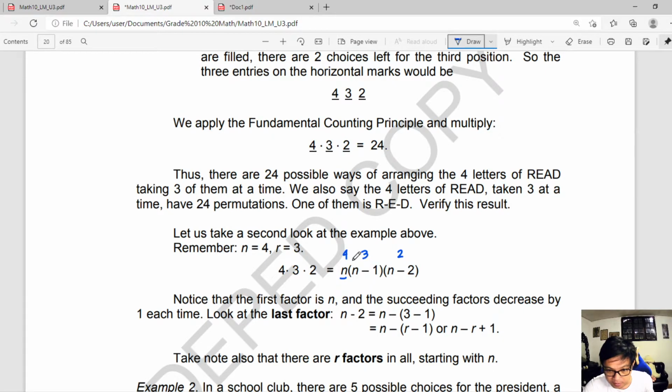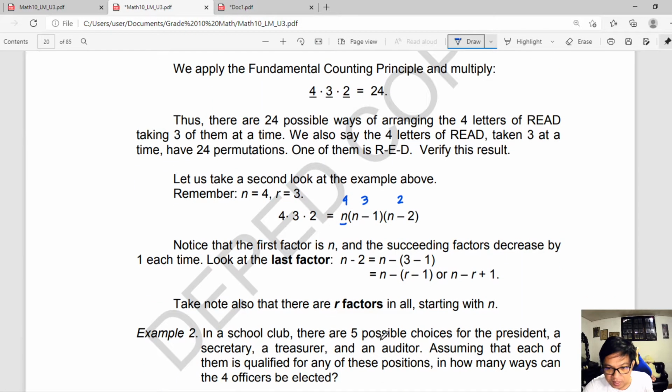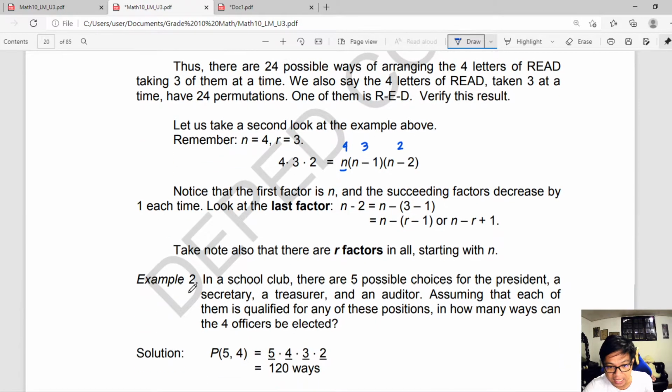Na-minusan siya ng 1, tapos yung 3 naging 2, decrease naman siya ng 1. Look at the last factor, which is n minus 2. So, n minus 2 is equal to n minus 3 plus 1, so n minus r plus 1. Take note that there are r factors in all, starting with n.